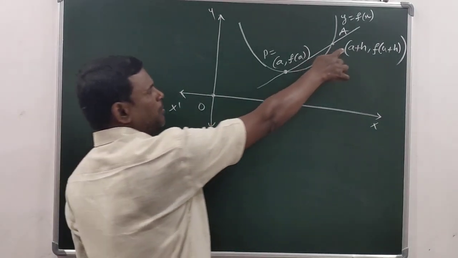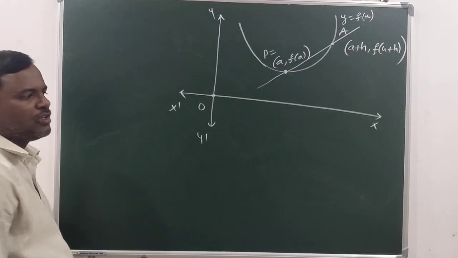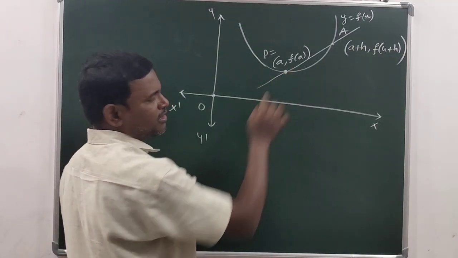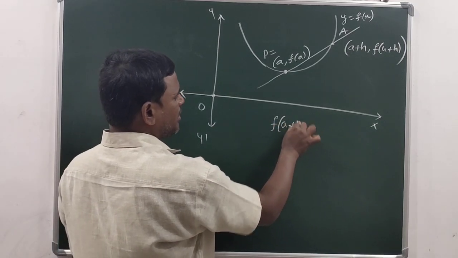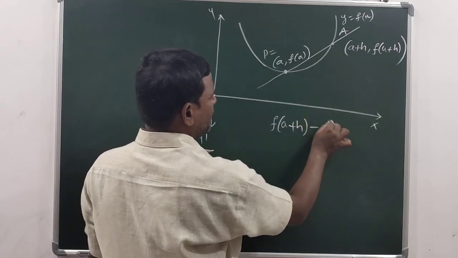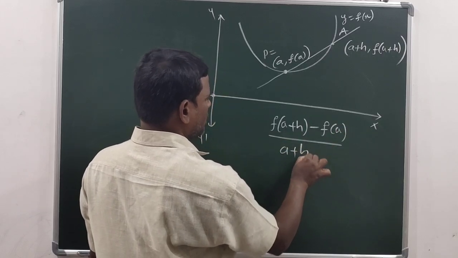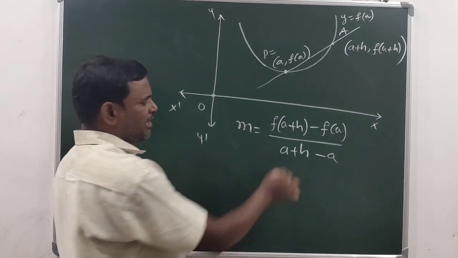Now find the slope of that secant. If you find the slope of the secant, what do you get? You know, the difference of y coordinates by the difference of x coordinates. This is the slope of a secant.